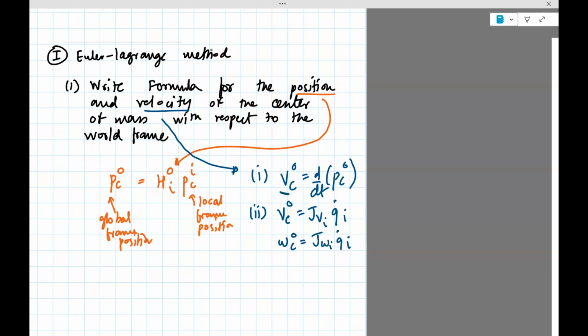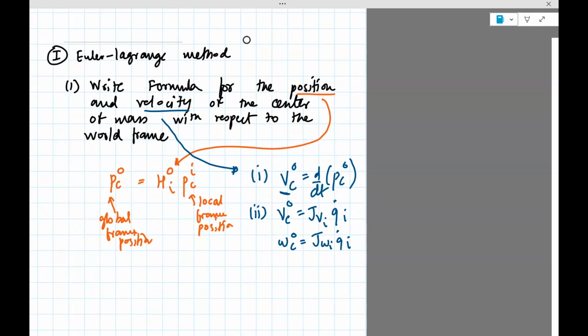Okay, so this is easy to do for linear. It's not very straightforward to do for angular motion. Well, maybe it's possible. I've never tried doing this. Omega C0 would be d/dt.